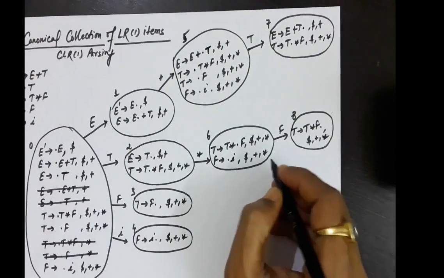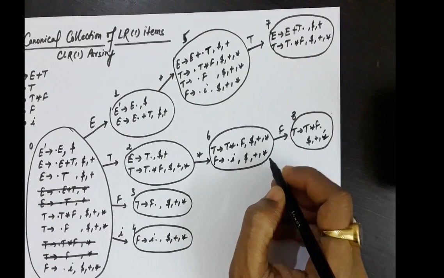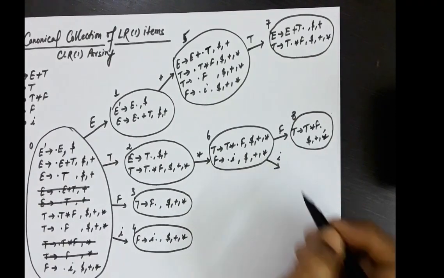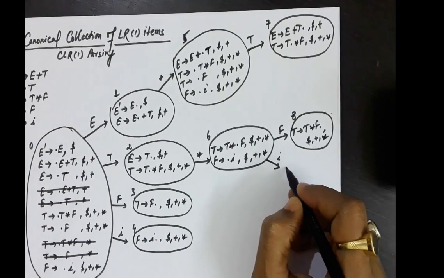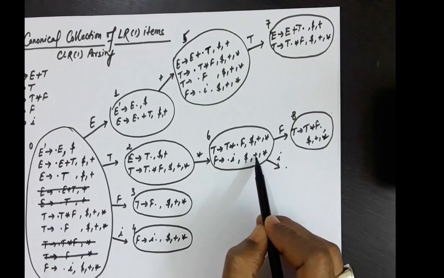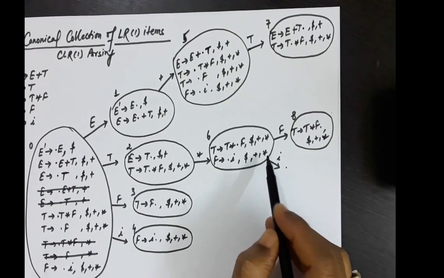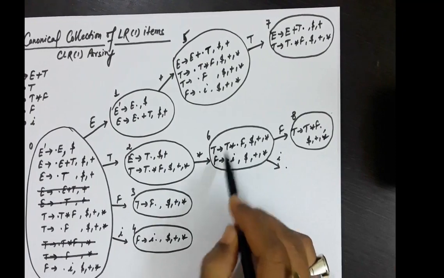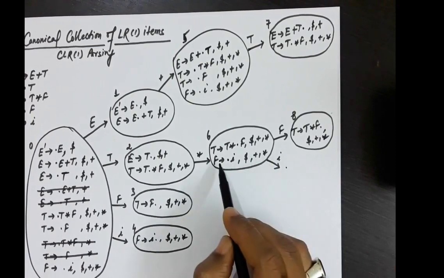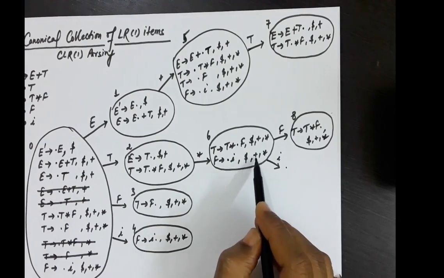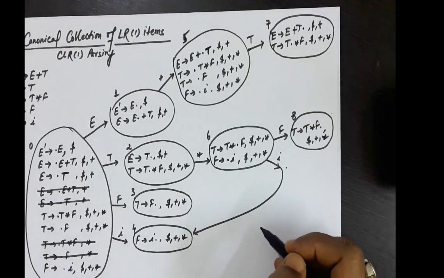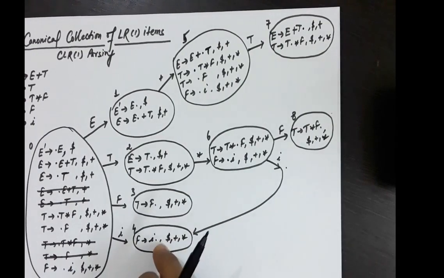Okay, now if you see I from here, it leads to F produces I dot with dollar, plus and multiplication sign as the look ahead, if you shift this dot after this I. So F produces I dot with dollar, plus and multiplication sign. So that means you are going to state number 4. Okay, this is same.